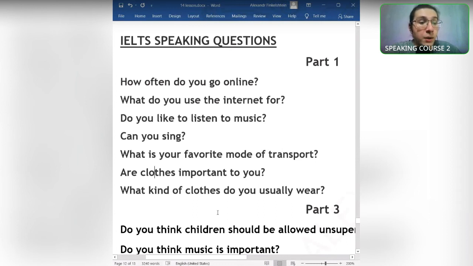As much as clothes can display your status and who you are as a person, and I think that fashion is a form of art and should really be respected, I don't enjoy the daily hassle of having to choose exactly what shirt and what pants I'm going to be wearing. I like looking nice, but I don't like spending all of that effort on something that doesn't matter nearly as much as other parts of my life, like the things that I'm saying or the work that I'm doing. So no, clothes are not important for me.